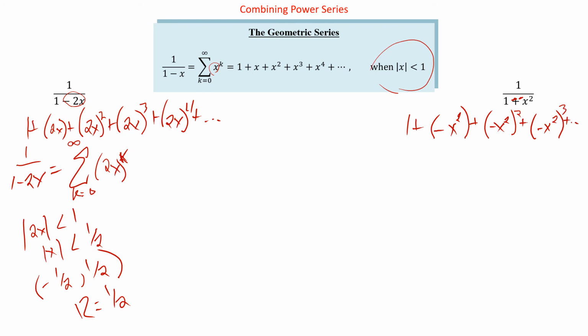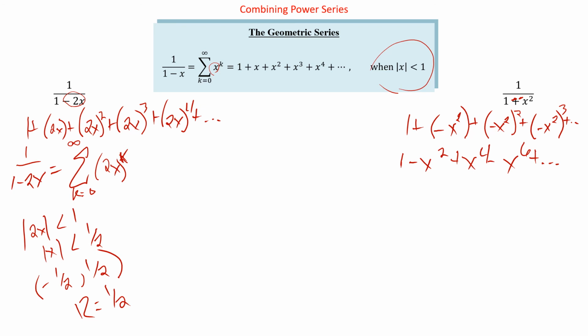Now, some of them are going to be negative, 1 minus x squared, but some of them are positive because when you square the negative, we get plus x to the fourth minus x to the sixth. And so it's alternating, but that's okay.